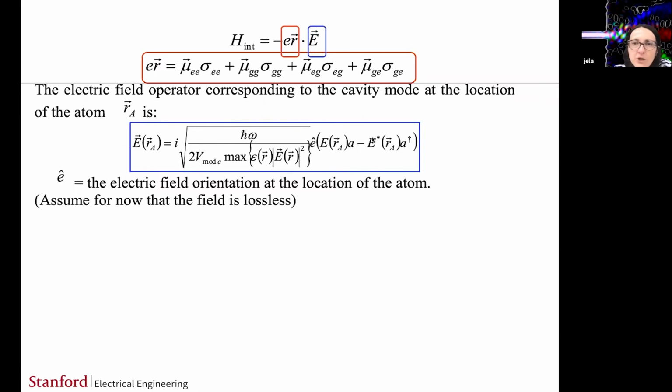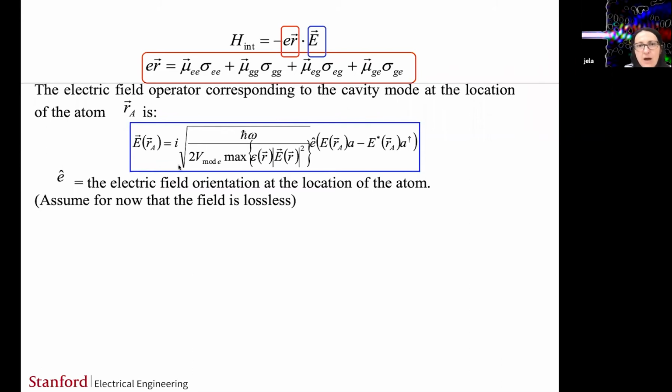You have annihilation and creation operators. This E hat is just the polarization of the field, a unit vector describing the field orientation at the location of the atom. And this prefactor that we have here is what we derived last time. This is what we need in order to normalize the field, with that extra epsilon term to preserve orthonormality.